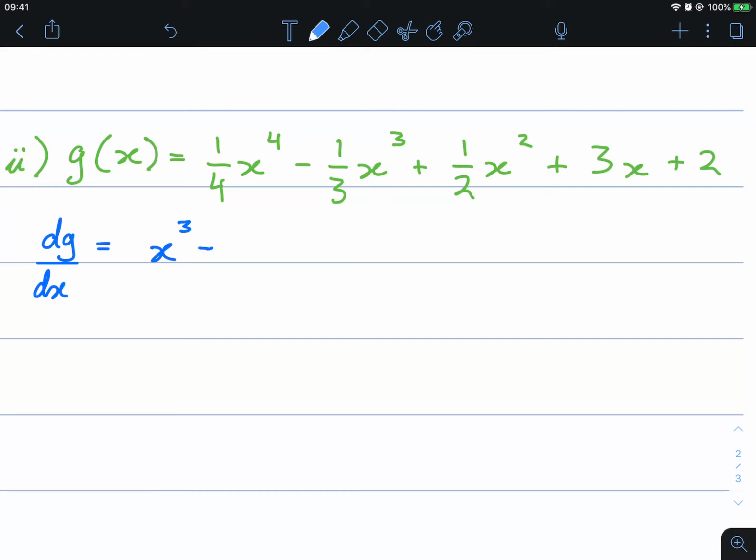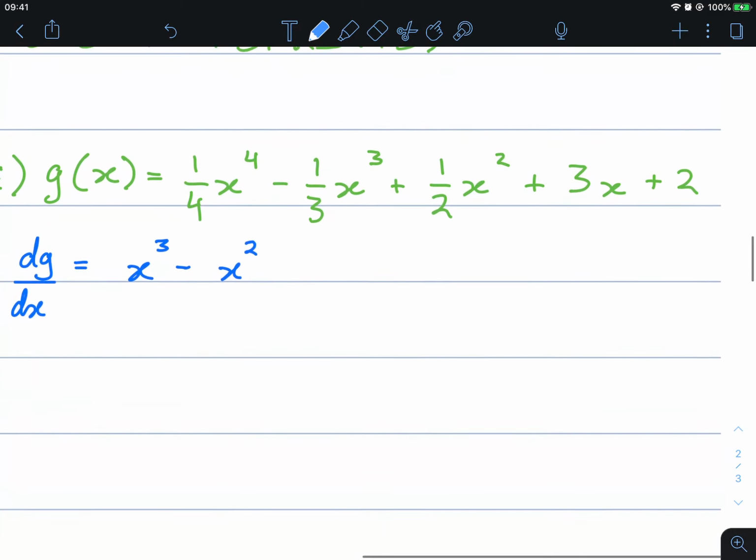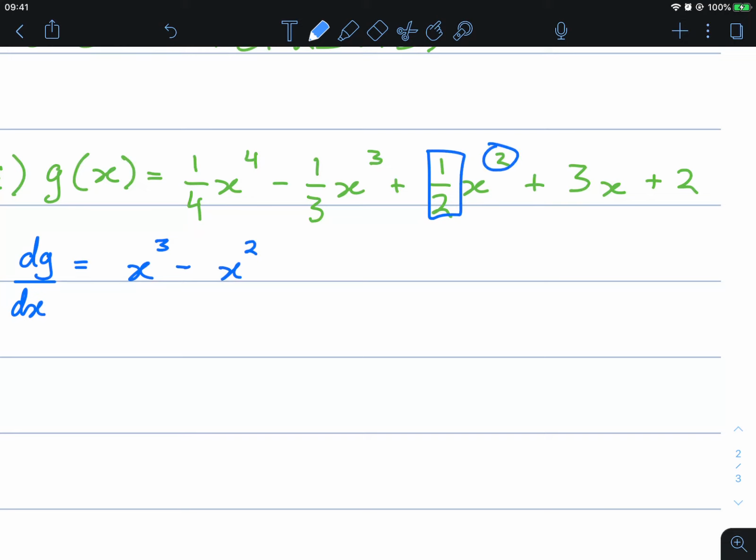1/3 times 3 is 1, so it's 1x, but we don't need to write the 1. 3 take away 1 is 2. Half times 2 just becomes 1, x, 2 take away 1 is just 1. Really, we don't need to write the 1, so it's just x.